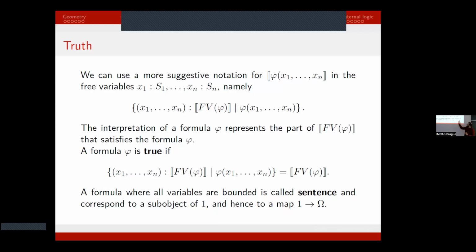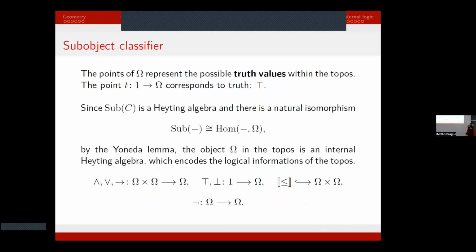So omega is the object representing possible truth values within the topos. And in particular, the point that we selected via the sub-object classifier, the T from 1 to omega, corresponds to truth. This is the truth value true. It's the only true one. Yeah, exactly.